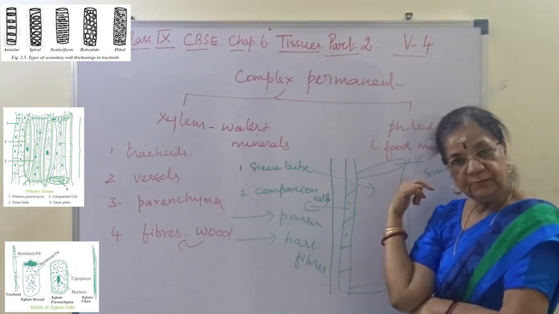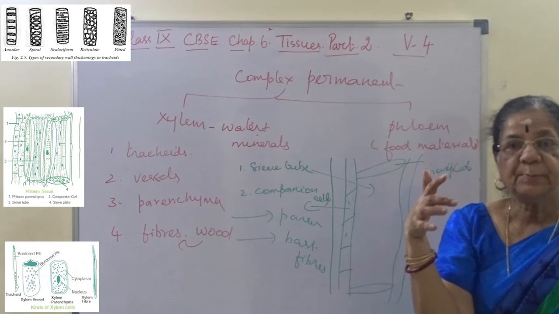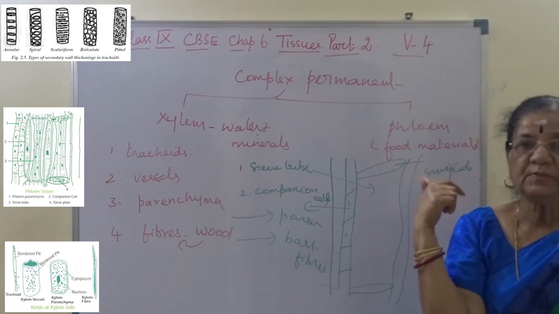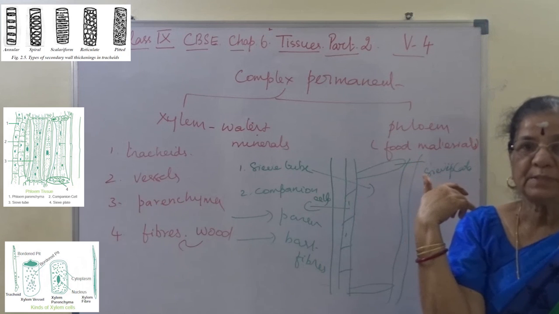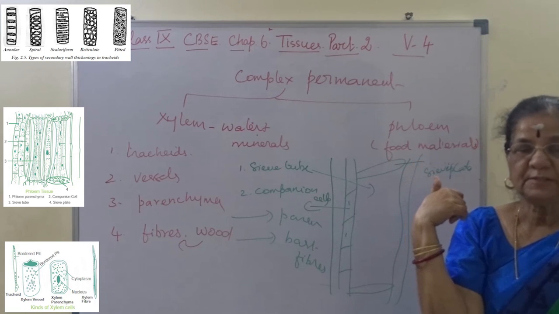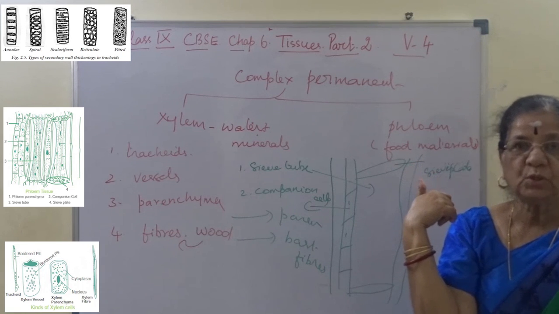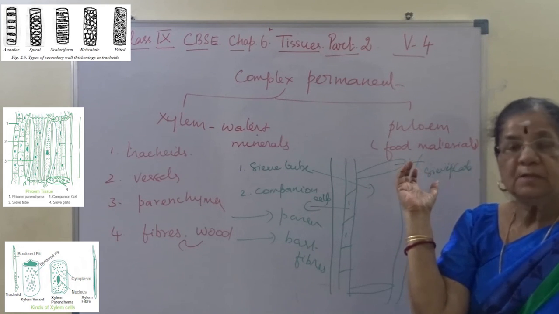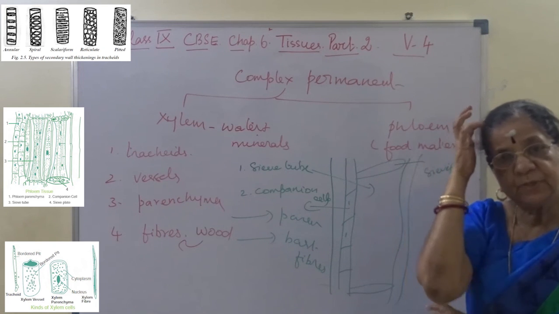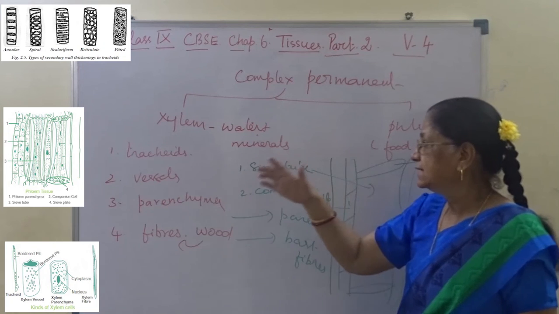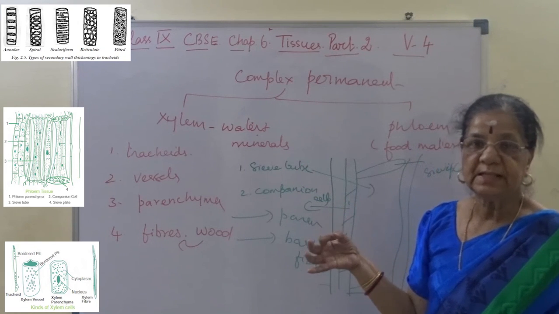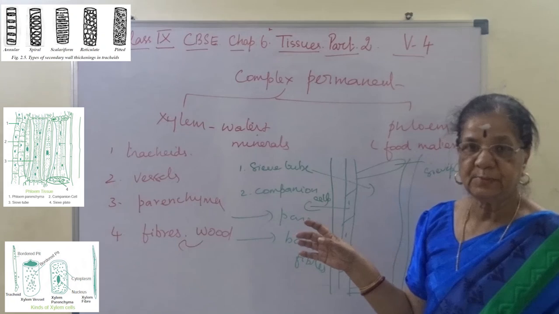Same way in phloem, companion cell is absent in pteridophytes and gymnosperms, whereas in angiosperms, companion cells are present. I hope you are able to follow this. So complex permanent tissue: xylem has tracheids, vessels, parenchyma. Xylem fiber is called wood fiber.